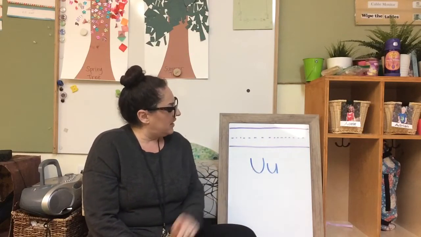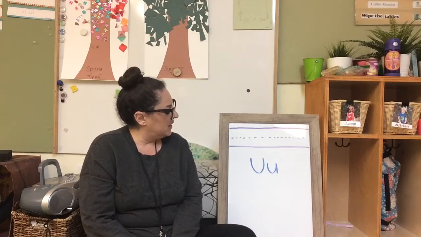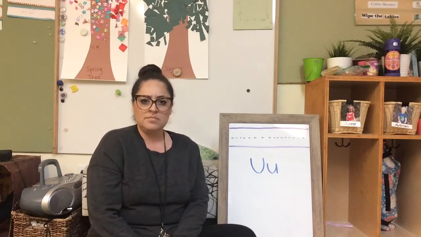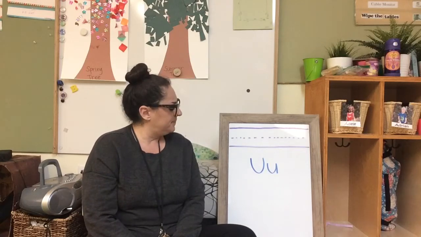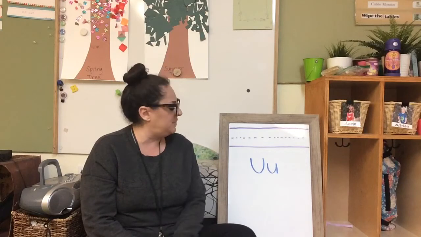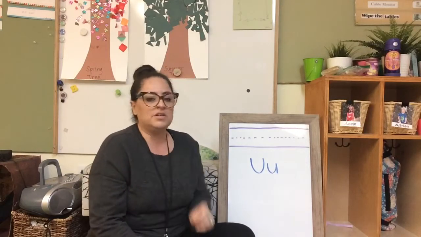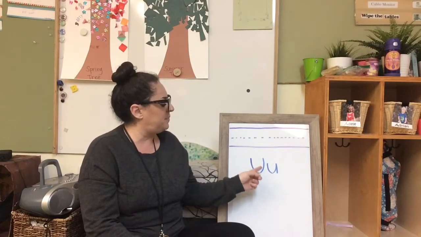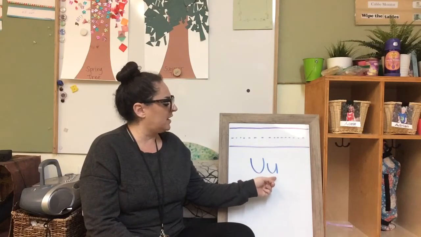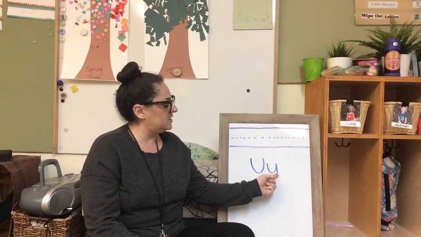So let's look at our letter U. Do the upper and lower case look the same? Let's look at them. Yeah, they kind of do, right? There's only a small difference between them. Well, two small differences, and one is that one is bigger than the other, and the lower case has a little tail.